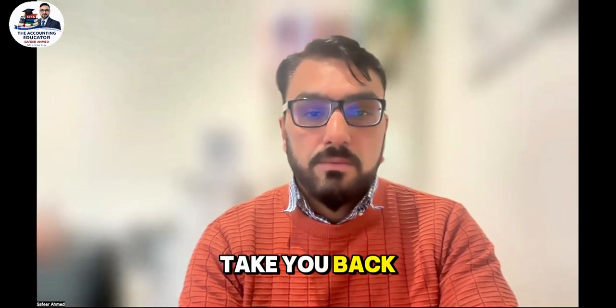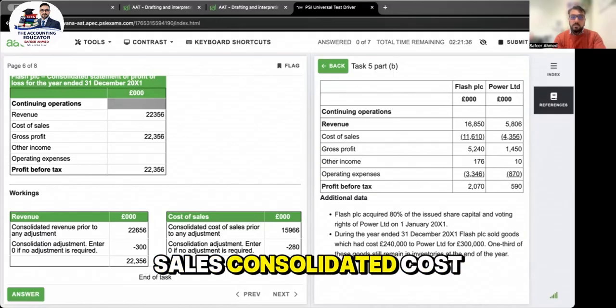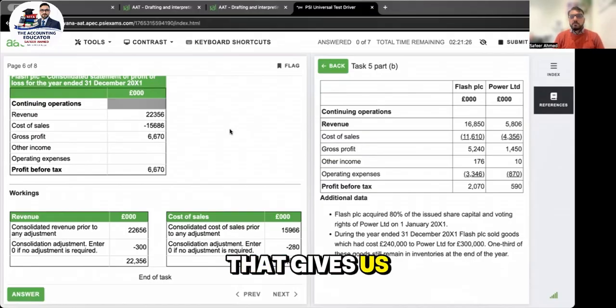Okay, let me take you back to the question now. As you can see, the consolidated cost of sales is 15,686. If we deduct this from the revenue, that gives us the gross profit.